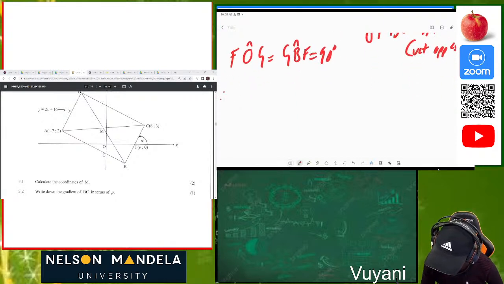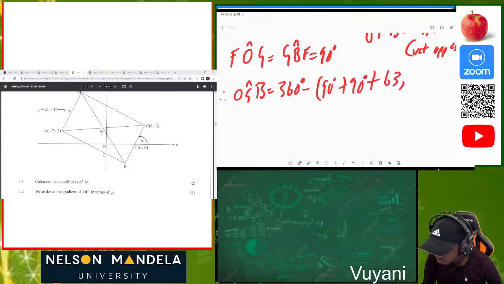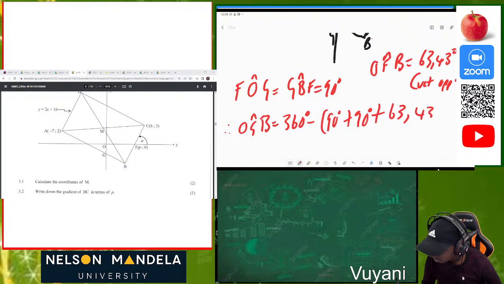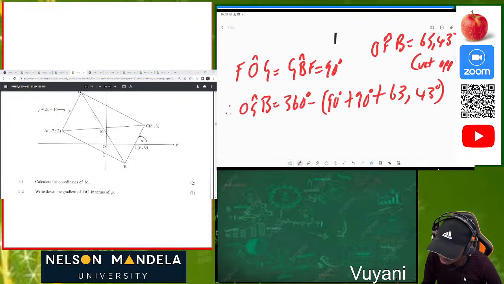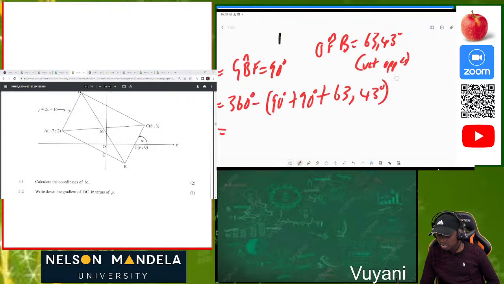Therefore, angle OGB is equal to 360 degrees, because the total of all angles in a quadrilateral add up to 360 degrees, minus the angles 90 plus 90 plus 63,43. Write the reason: sum of angles in a quad.